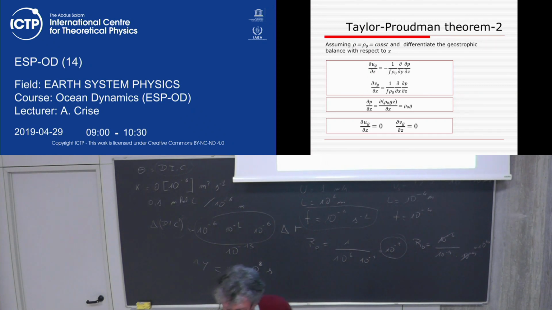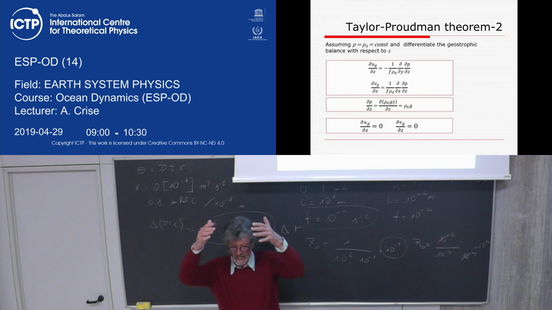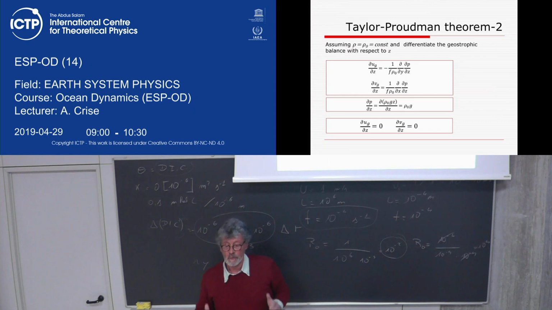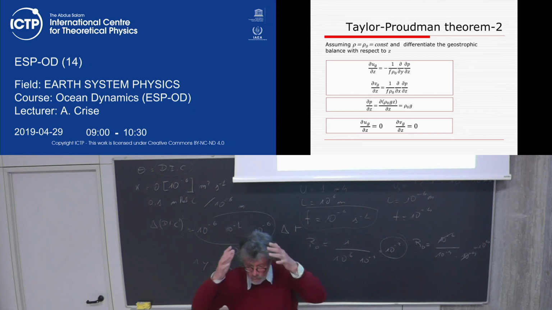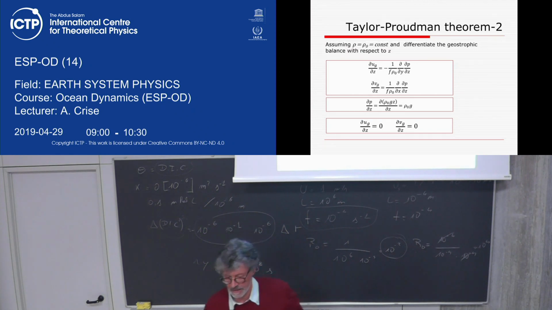It means that the horizontal velocities are constant. And if the horizontal velocities are constant, no vertical velocity is allowed because of continuity. So, in an idealized case, geostrophy implies that the structure is purely barotropic, only a 2D structure.